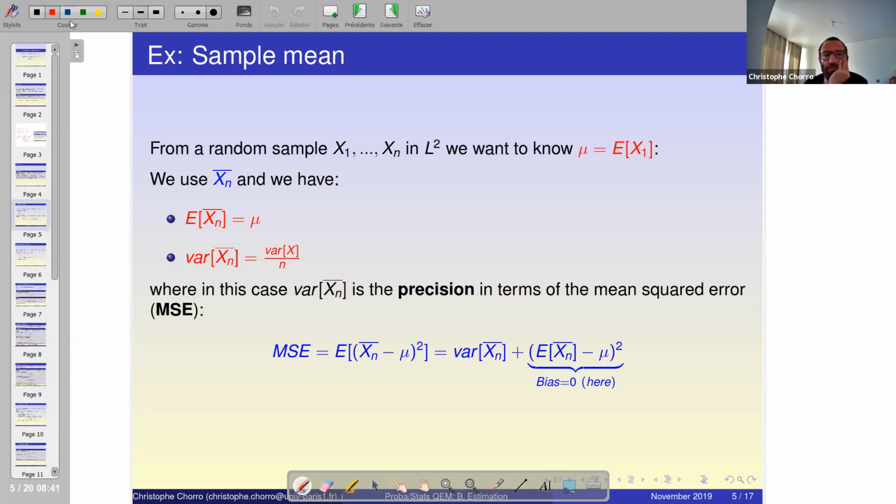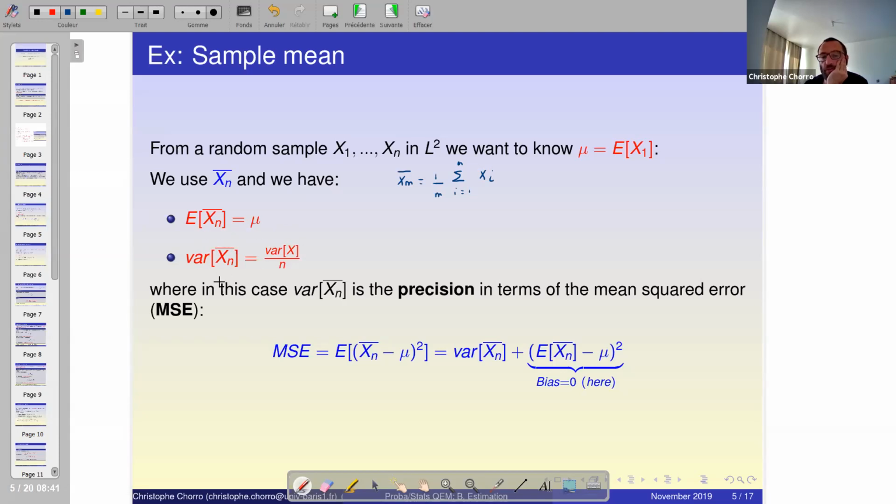I remind you that the sample mean in this situation is just X n bar equal to 1 over n, the sum from i equal to 1 to n of the X i here. We have already seen together that the sample mean is an unbiased estimator of mu, that is the expectation.